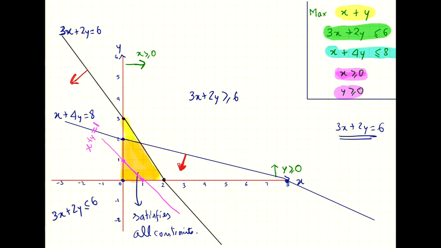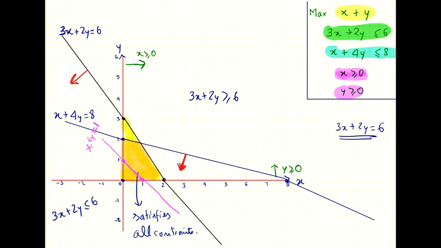Now I want to make more drinks, which means that I need to increase the value of x plus y. My goal is to maximize x plus y while staying inside this feasible region.